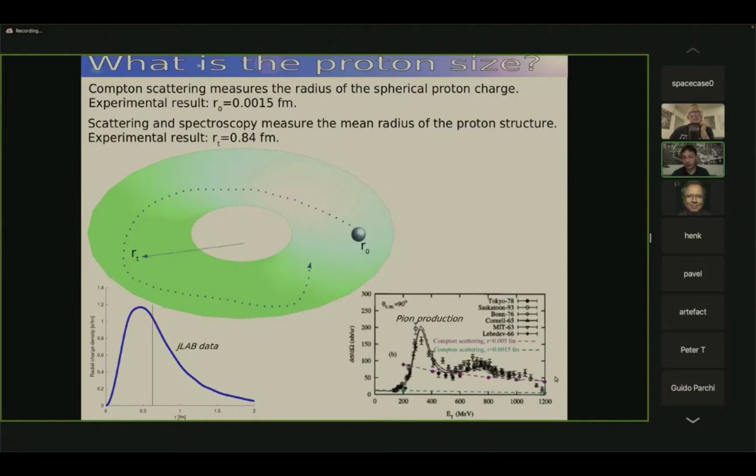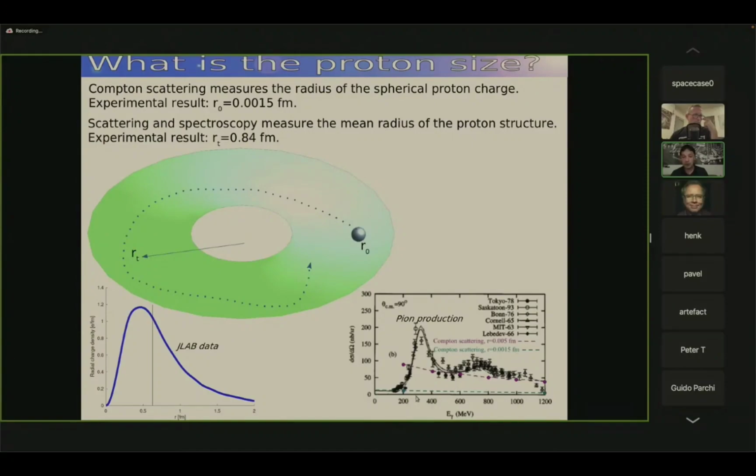Here you can see on the chart that if the proton radius was, for example, 0.005 femtometer, this would give too large a radius with respect to the experimental data. If we demand that the experimental data converges well to the Klein-Nishina formula, then the actual proton spherical radius, the charge radius, comes out to be 0.0015 femtometer, a very, very small value.